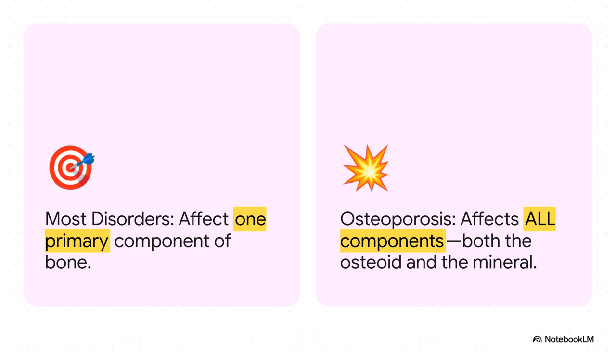Unlike all those other disorders that target either the bricks or the frame or the crew, osteoporosis is a total system failure. It's a disease where you lose both the mineral bricks and the organic frame at the same time. You don't just have less bone. The bone you do have is compromised in both its hardness and its flexibility. It's like losing the entire building, not just one part of it.